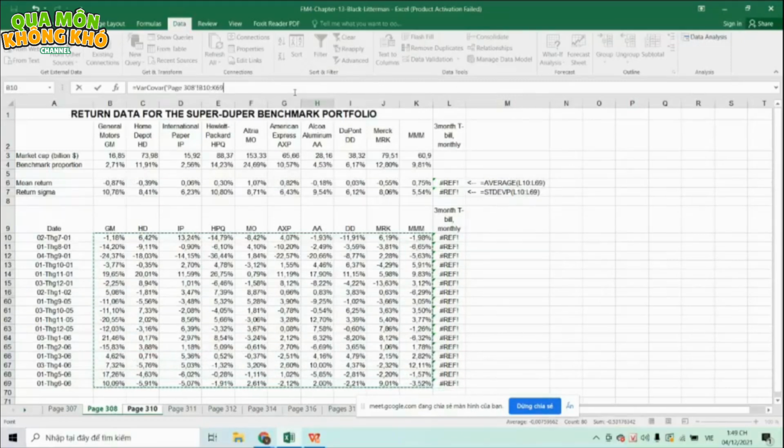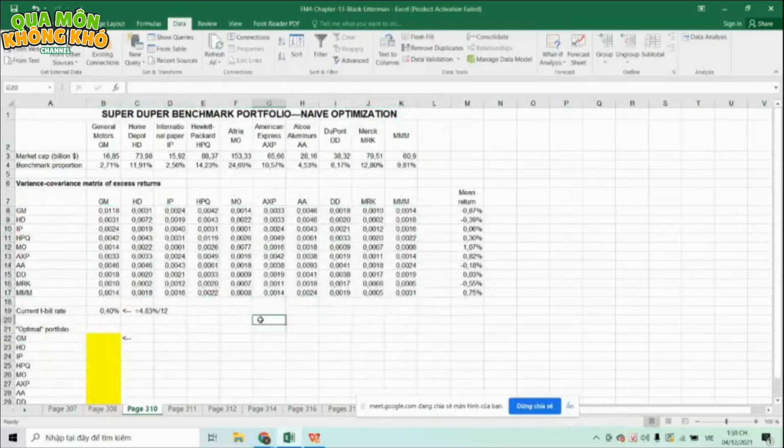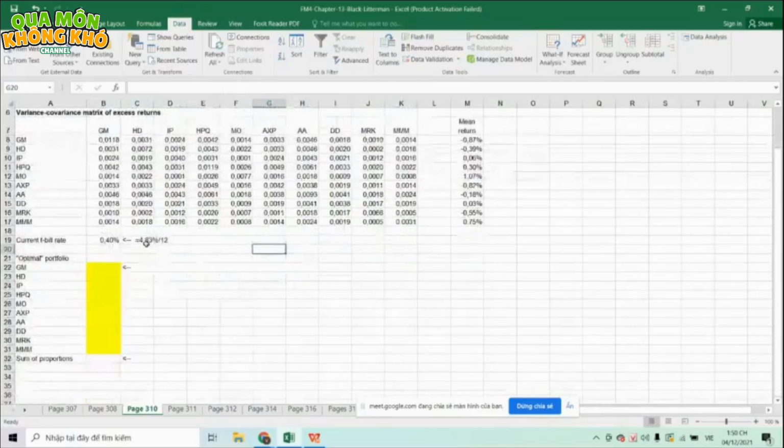Yes. So here is the variance and covariance matrix. And the TB rate here, it will equal 4.83% a year, and it divided by 12, so we will have the rate per month.